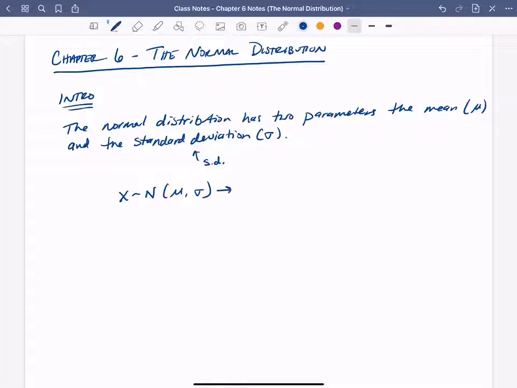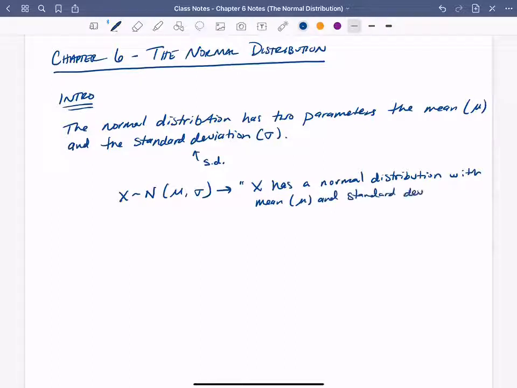This means we say that X has a normal distribution with the mean, or mu, and standard deviation sigma.